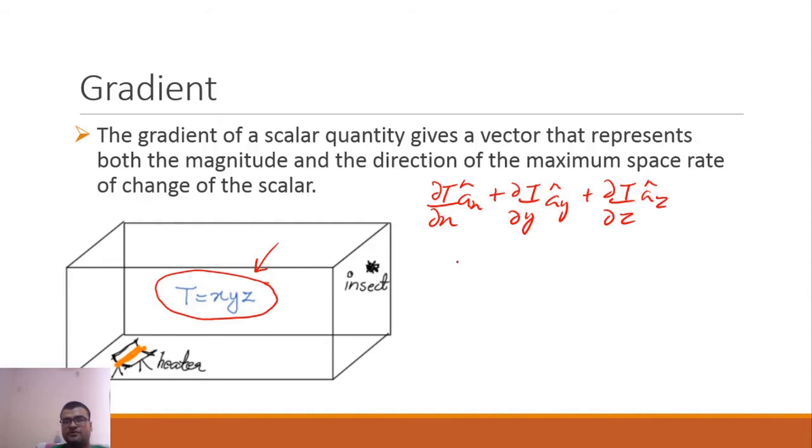So what we are going to do is differentiate T one by one with respect to x, with respect to y and with respect to z, and with each coefficient that we are writing here, the direction should be written as it is.